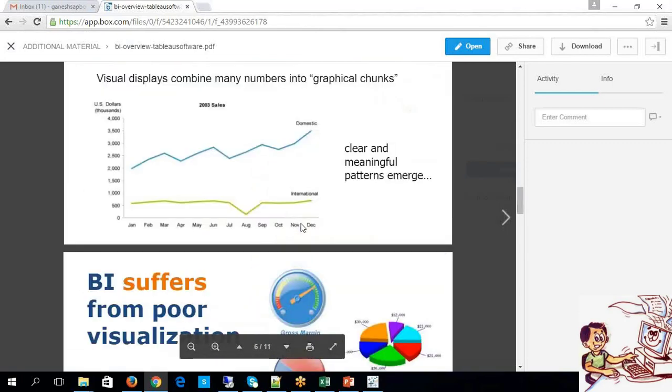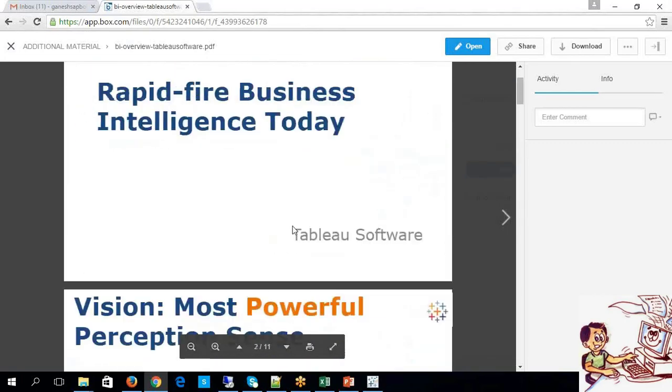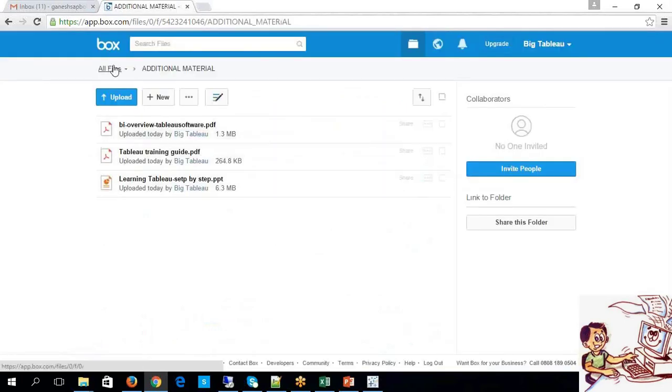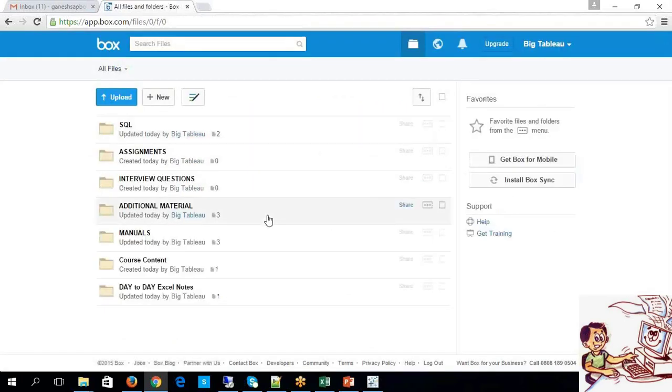You can understand it in a better way if you go through this document once. So this is required, guys, and I request every one of you to go through this also.